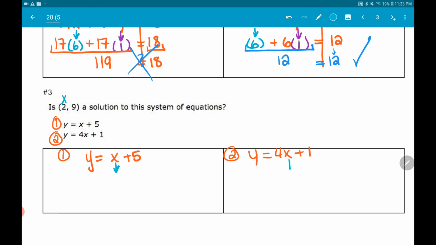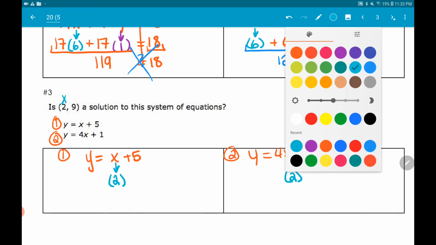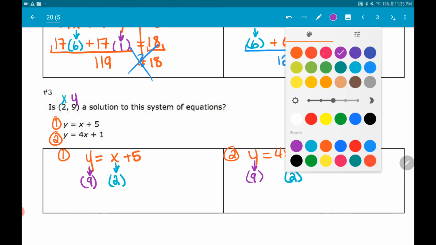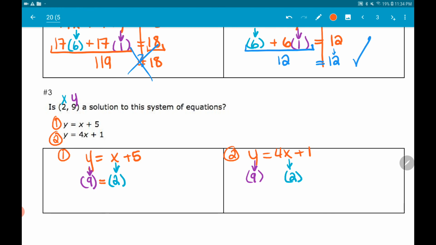Wherever I see an x, I'm going to replace it with a number. What number am I going to put there? Okay, now I'm going to do the same thing with my y. Okay, everything else gets brought down.